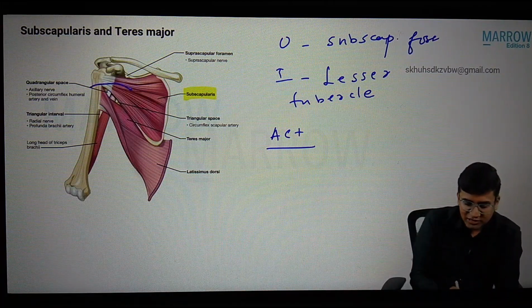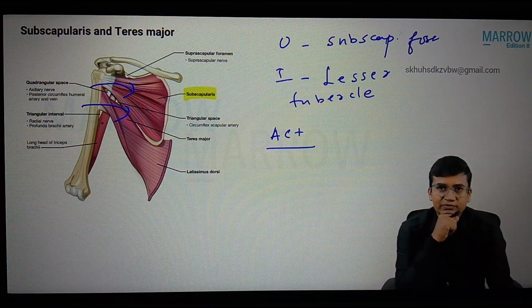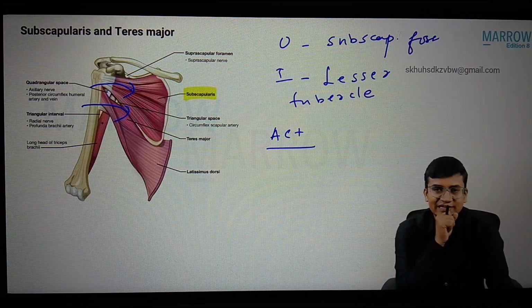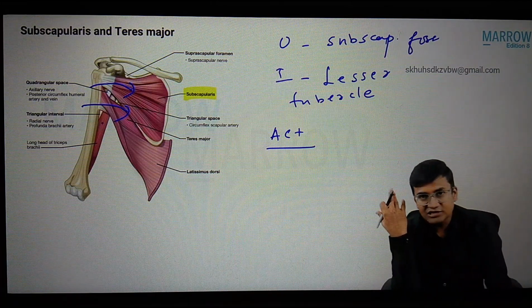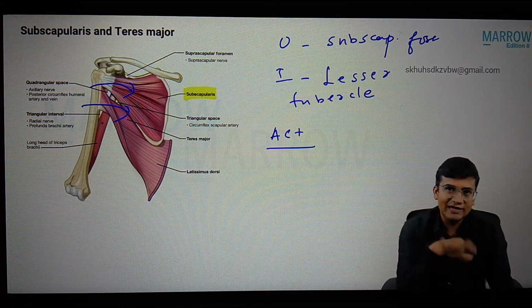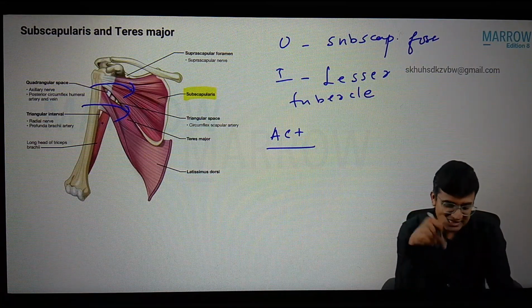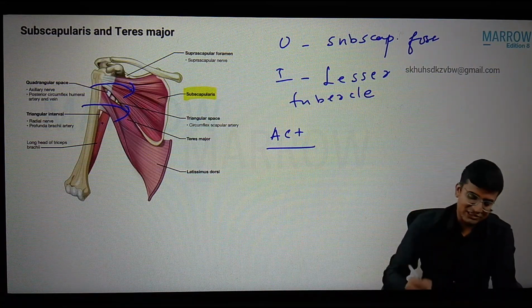Now the lesser tubercle is rotating, moving in the front side to meet the origin point. That is exactly opposite to teres minor and infraspinatus. Their origin point is from the scapula on the back side, so they rotate externally or laterally. Here the origin point is from the subscapular fossa, on the front side. So what is the action?